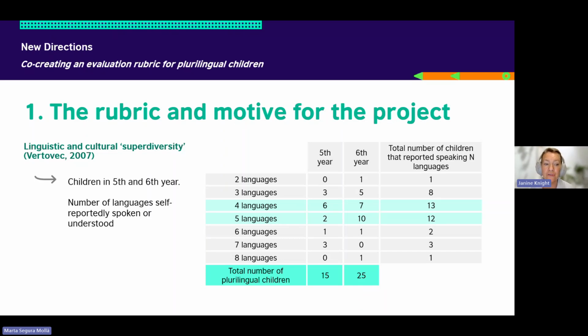The majority of children spoke or understood 4 or 5 languages, with some children with 6, 7, even 8 languages. So we are not seeing a situation with plurilingualism relating to 2 or 3 languages, nor a plurilingualism relating just to school-taught languages. But we're seeing a plurilingualism that is characterized by all the languages that the children have inherited or are in contact with, whether they're European or non-European.